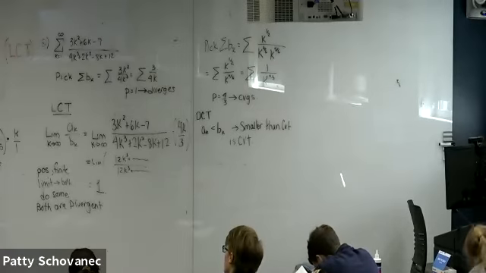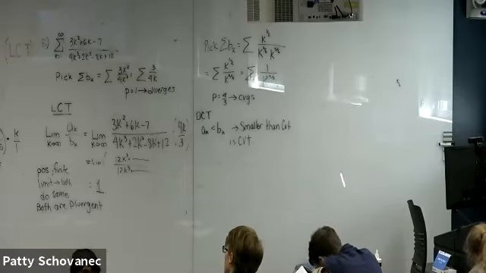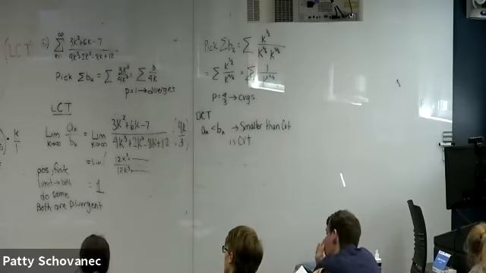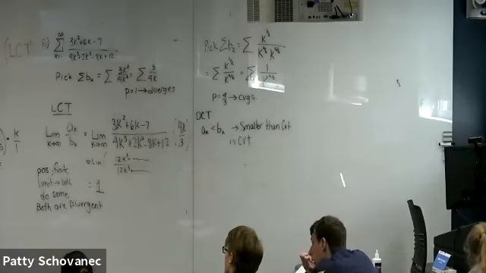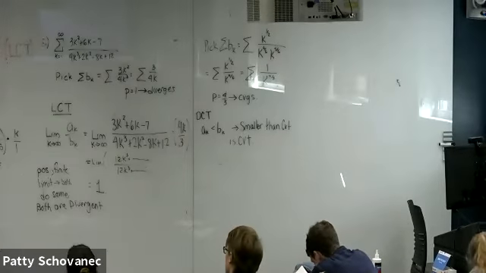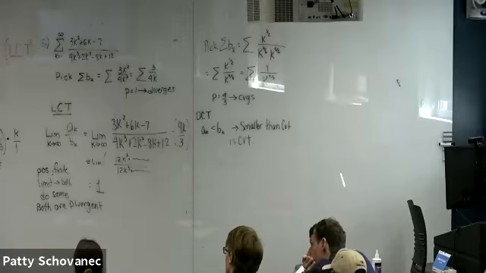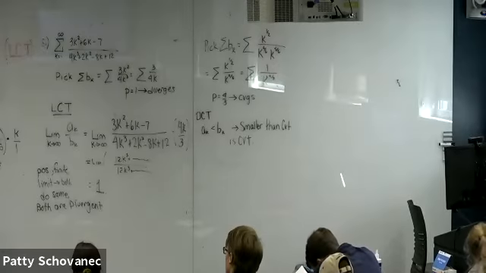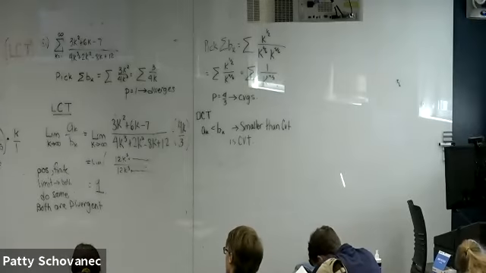That's my b_k series. That simplifies to a p-series again. What's the power going to be when I simplify that? 4 minus 1/2 is 8/2 minus 1/2 is 7/2. So p is 7/2. What do we know about p-series where p is 7/2? Converges.